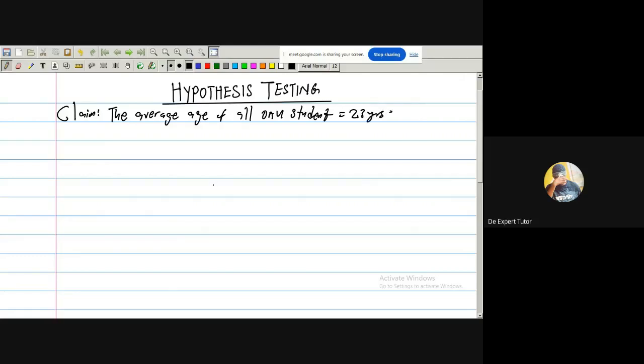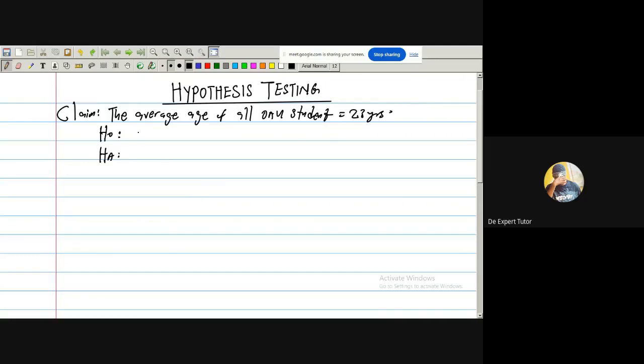Now pay attention. With this claim, what is our null hypothesis and what is our alternate hypothesis? A hypothesis is a claim about a population parameter like mean or variance. So suppose we are claiming that the average age of all the students is 23 years.